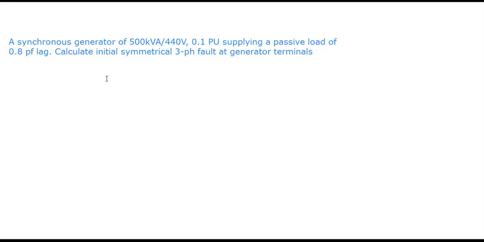First of all, no circuit diagram has been given. Once the circuit diagram is given, obviously it is very easy to calculate the fault currents, as we have seen in the last class. But in this particular case, nothing has been mentioned about this.